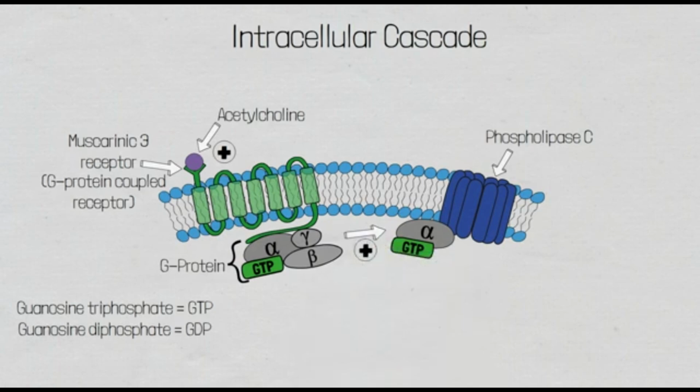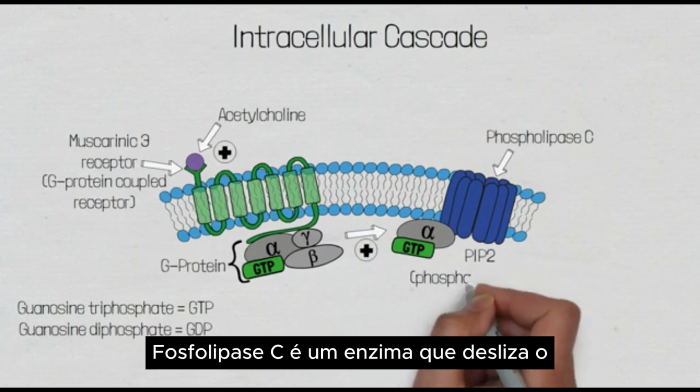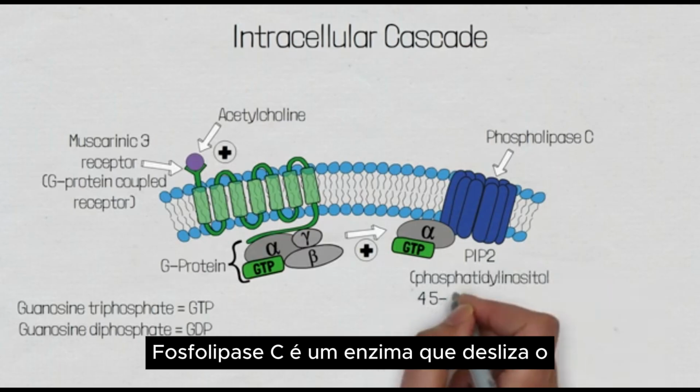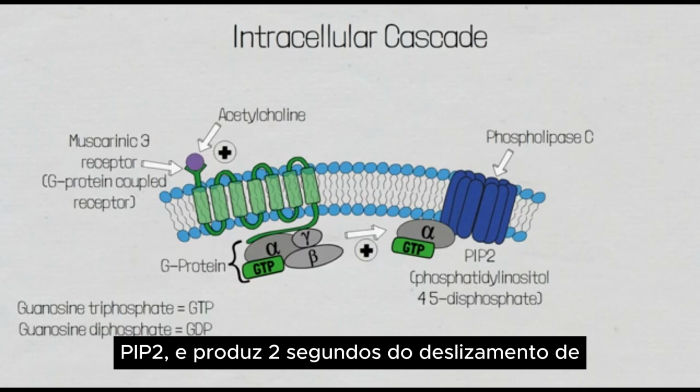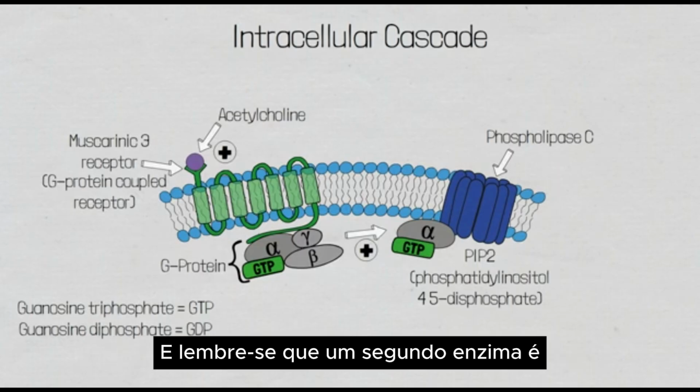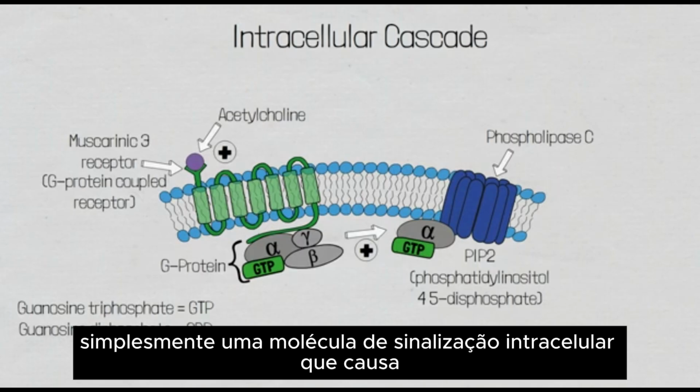Phospholipase C is an enzyme that breaks down phosphatidyl inositol 4,5-diphosphate, which we denote as PIP2, and produces 2 second messengers from the breakdown of PIP2. And remember that a second messenger is simply an intracellular signaling molecule that causes a physiological change within a cell.